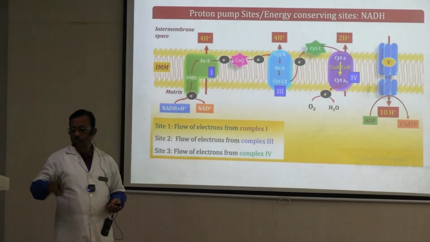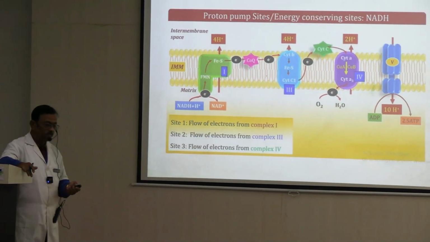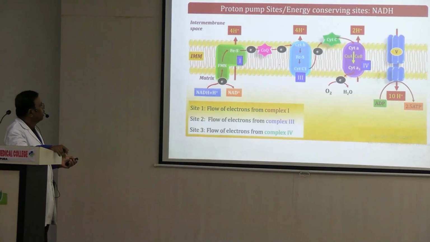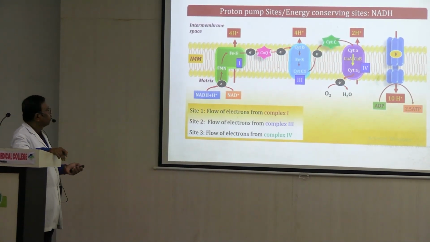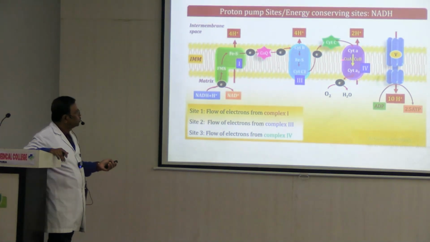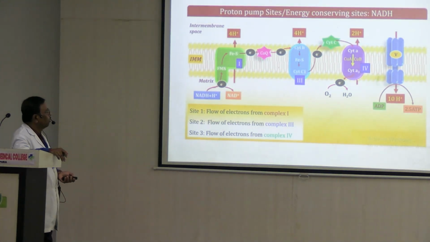Now, if it is FADH2, then it will not utilize complex 1, it will transfer the electron directly to coenzyme Q, then utilize these two only, complex 3 and complex 4.